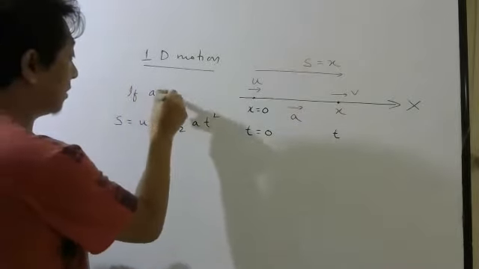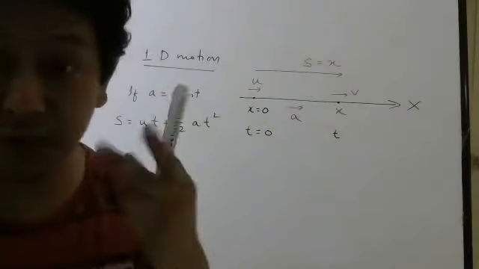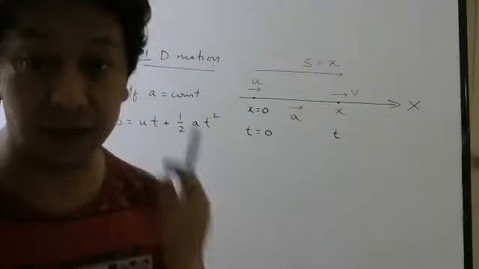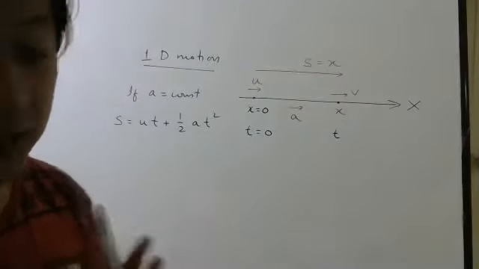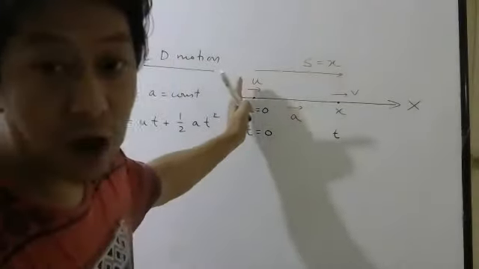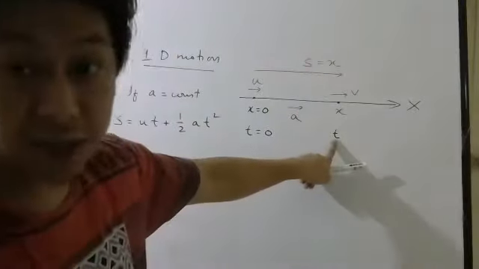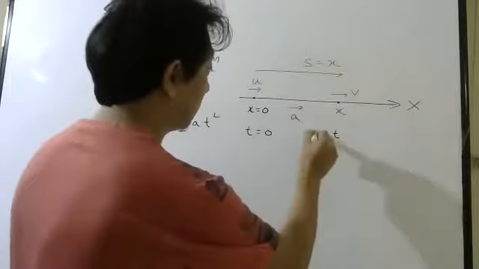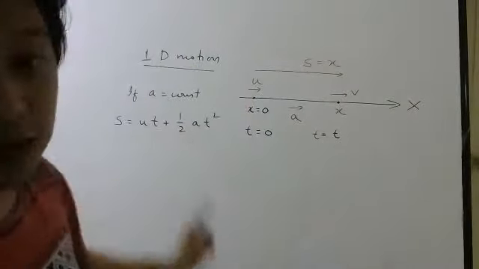This derivation we have done, two methods: one is graphical method, other one is called calculus method. Using both the methods, we have derived this. So if you want to know the displacement after time t, starting from 0 time, it is ut plus half at square.